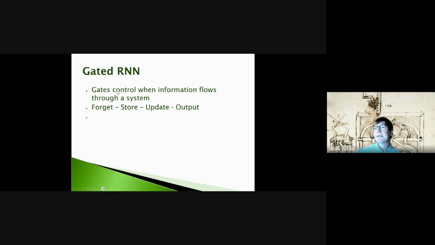But gates are parameters that are learnable, that control when information flows through a system, and we configure them so we can forget information, and so we can learn that some information we don't want to keep hold of for a really long time because it's very temporal, and we want to forget that concept so that it's not affecting our present or future inferences, right?